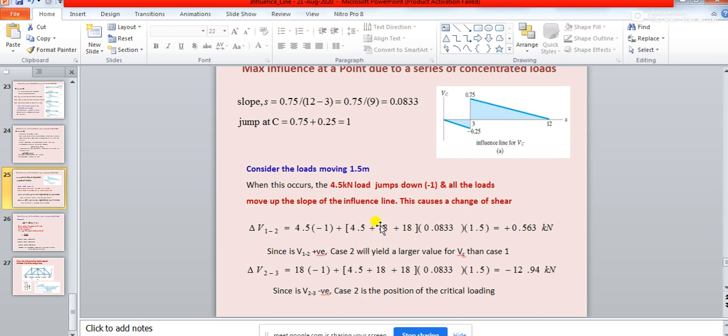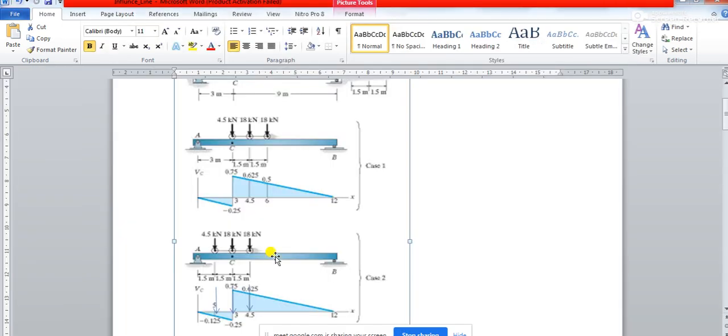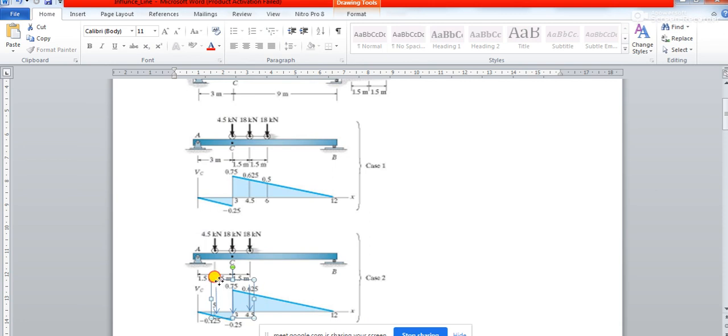So this is the second load. This 18 kilonewton is the second load, and you see the third 18 kilonewton load. When the second load has moved by 1.5 meter, this third load will also be moving by 1.5 meter, and this third load, if you observe, is also moving up the slope.